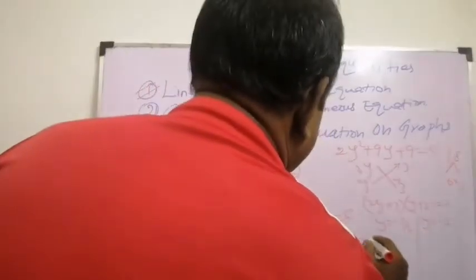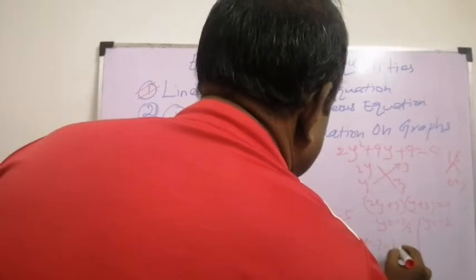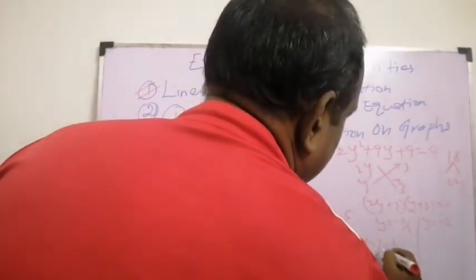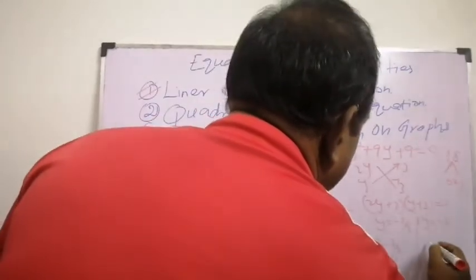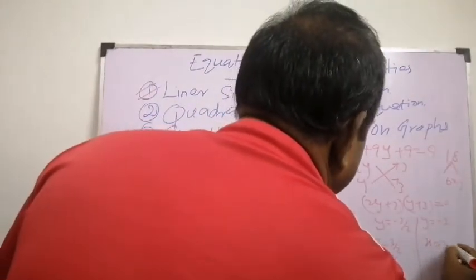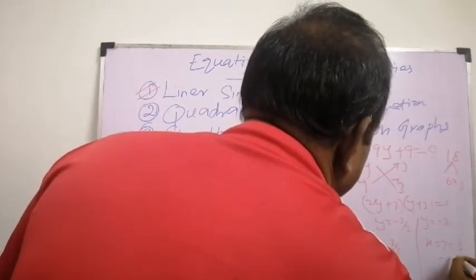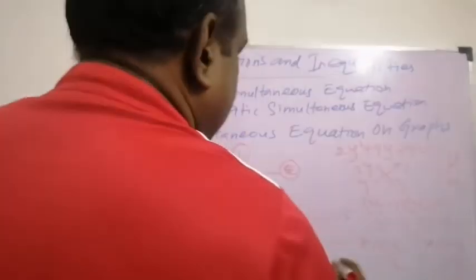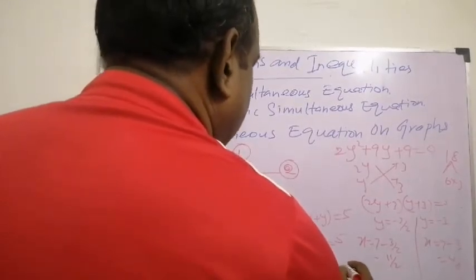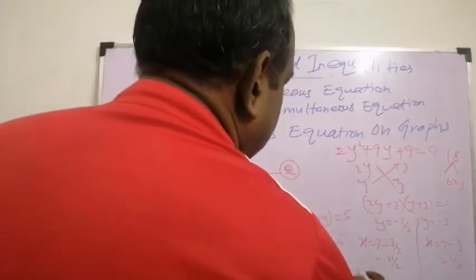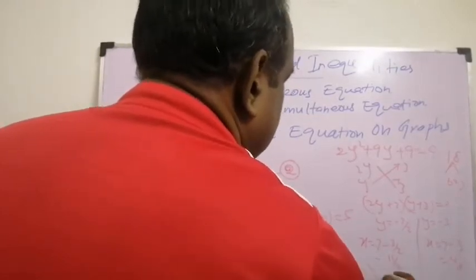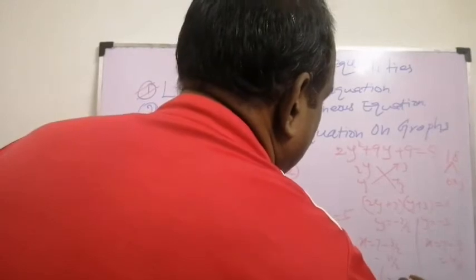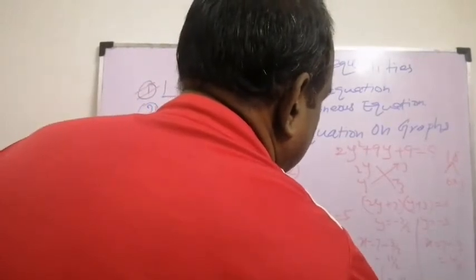When y is equal to minus 3 over 2, from equation 1, x is going to be 7 minus 3 over 2, so 14 minus 3 is 11 over 2. When y is minus 3, x is equal to 7 minus 3, which is 4. So I told you there are two sets of values: x is 11 over 2 and y is minus 3 over 2, or else x is equal to 4 and y is equal to minus 3.